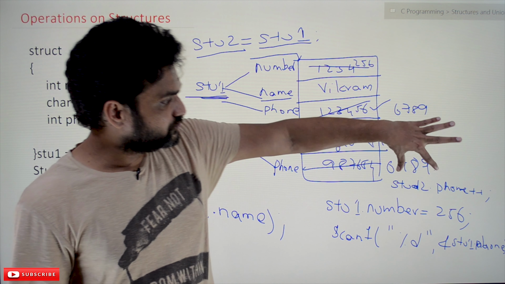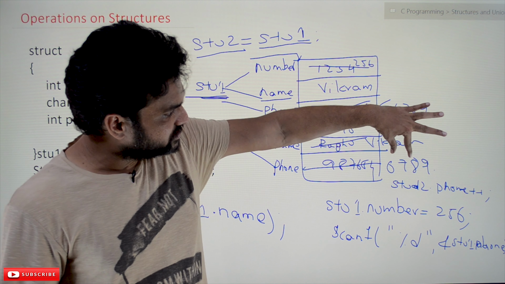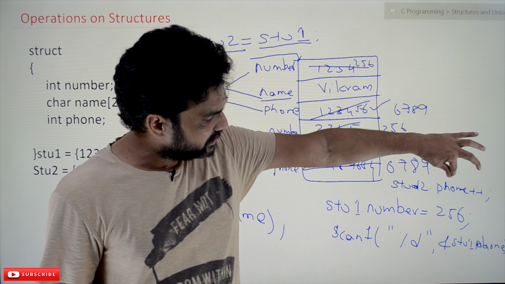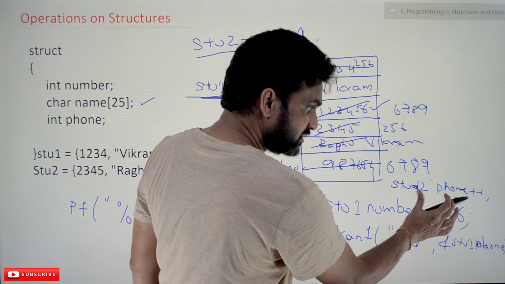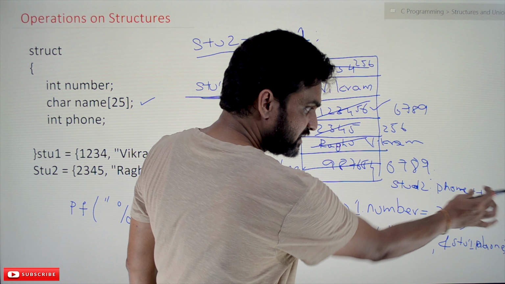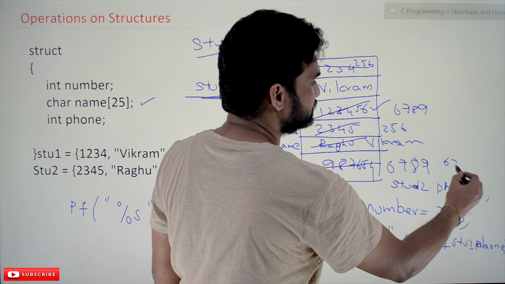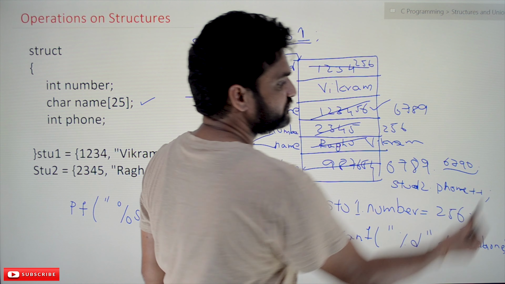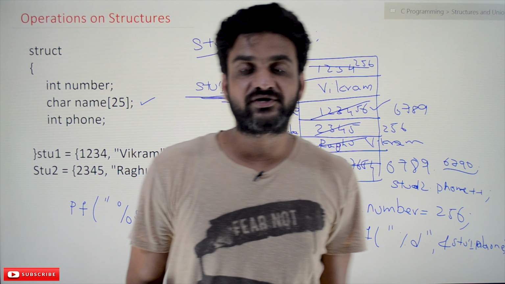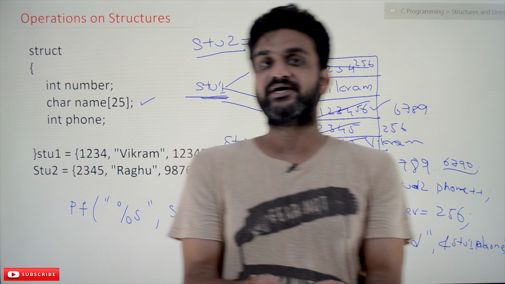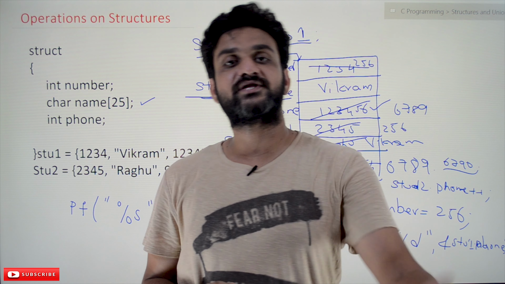In stu2 dot phone plus plus, the value 6789 will be taken first, because the dot operator has the highest precedence. Then that value will get incremented, and the incremented value is going to be 6790. These are the different operations that can be done on structure variables. Hope you got clarity on this concept.